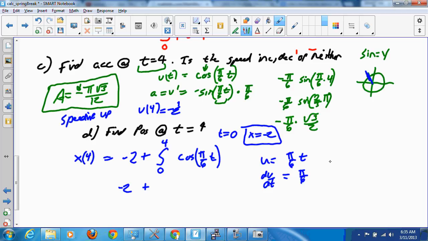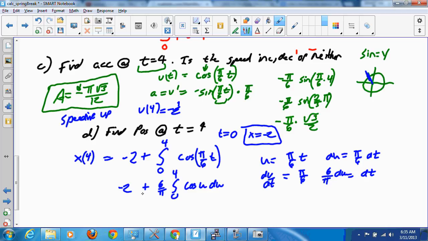Cross multiplying, you get that du is equal to pi over 6 times dt. So what would dt equal? 6 over pi times du. So now if we do a u substitution, we would get what? We would get this constant out in front, 6 over pi, integral from 0 to 4 of the cosine of u, du.